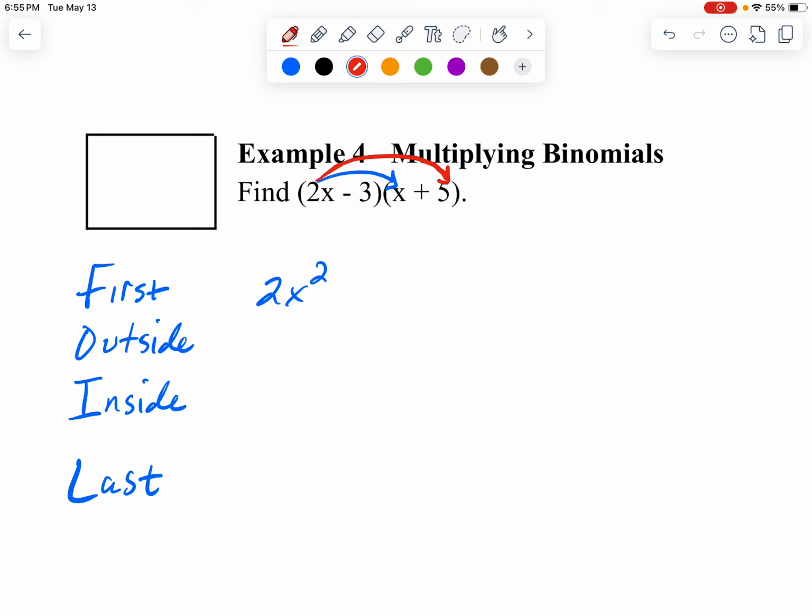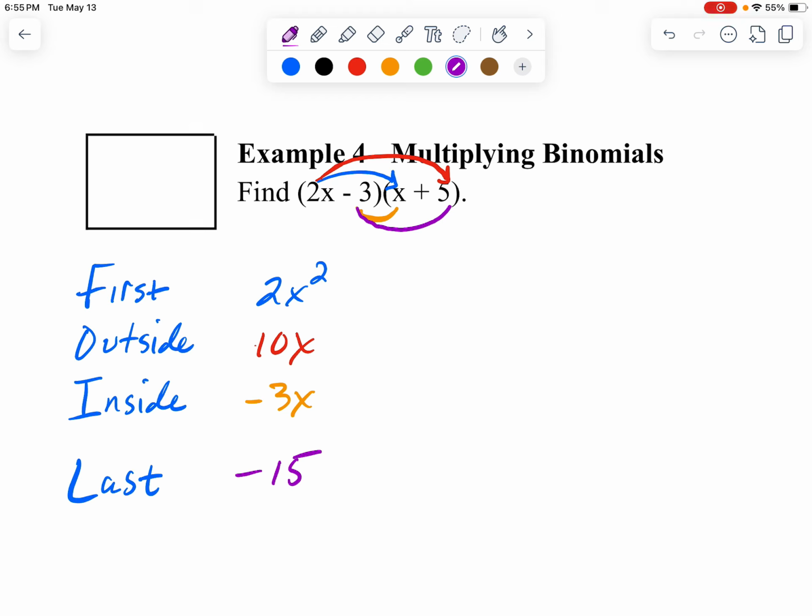So that would be 10x. The two inside terms, that's going to be the negative 3 and the x. So that's minus 3x, and then last times last. So that's negative 3 times 5, which will be negative 15.